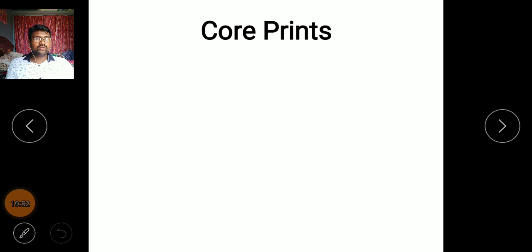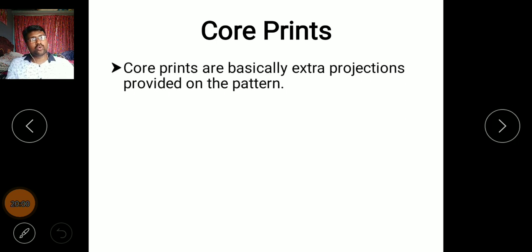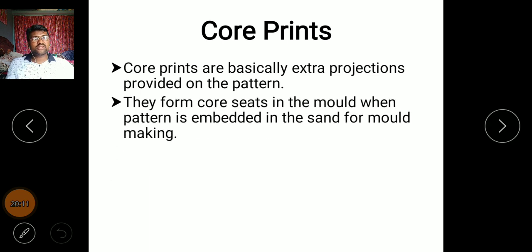Next, let us discuss the core prints. Core prints are used to hold the cores in a required position in the mold cavity. Core prints are basically extra projections provided on the pattern. They form core seats in the mold when the pattern is embedded in the sand for mold making.